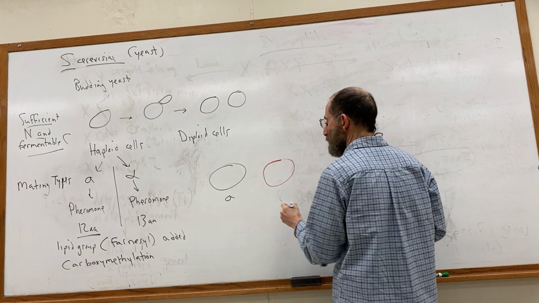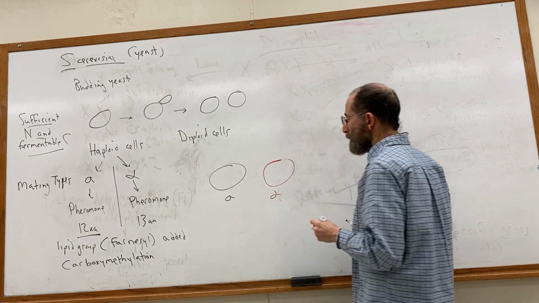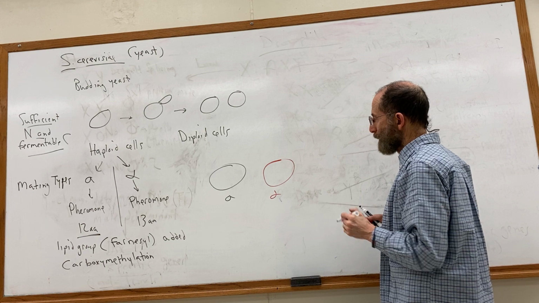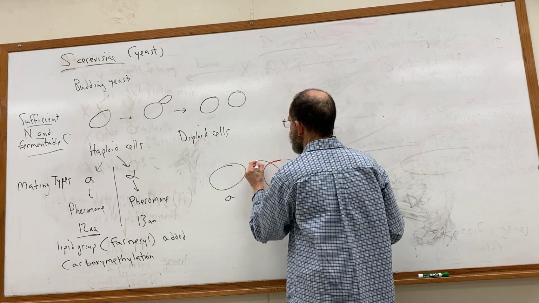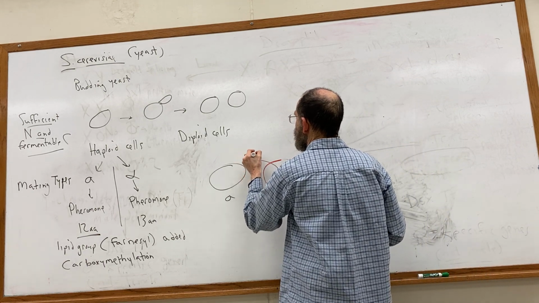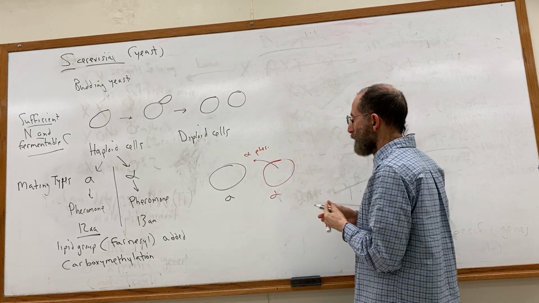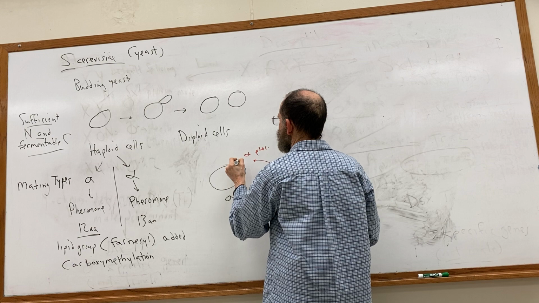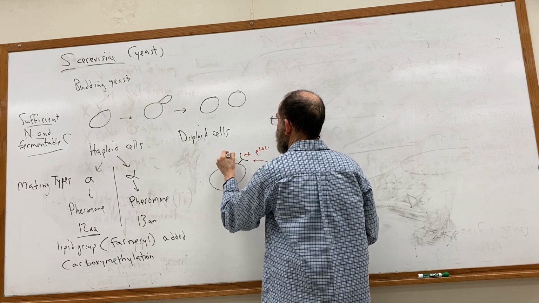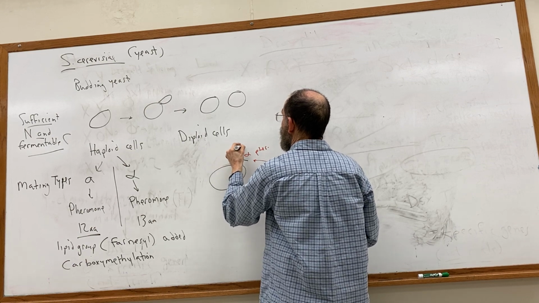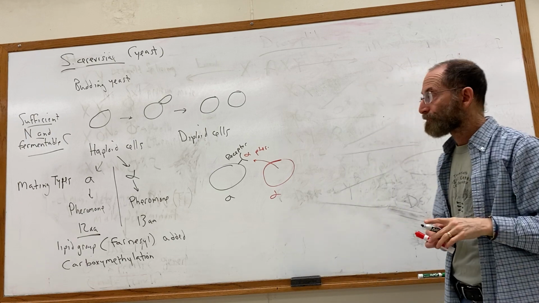Yeah, that's better. Here's your alpha cell. So the alpha cell secretes a pheromone, and the A cell has a receptor on its surface for the alpha pheromone.